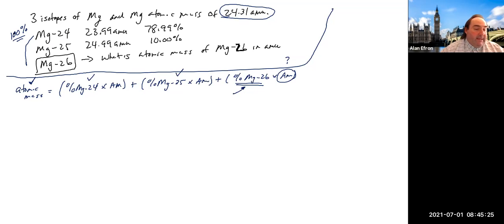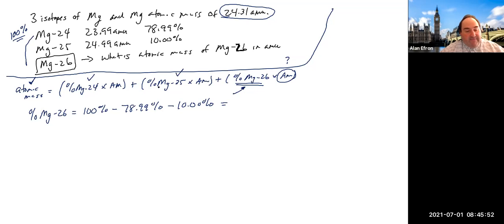So the percentage of magnesium 26 would be 100%, which should be everybody, minus what we already know: 78.99% is magnesium 24, and 10% is magnesium 25.